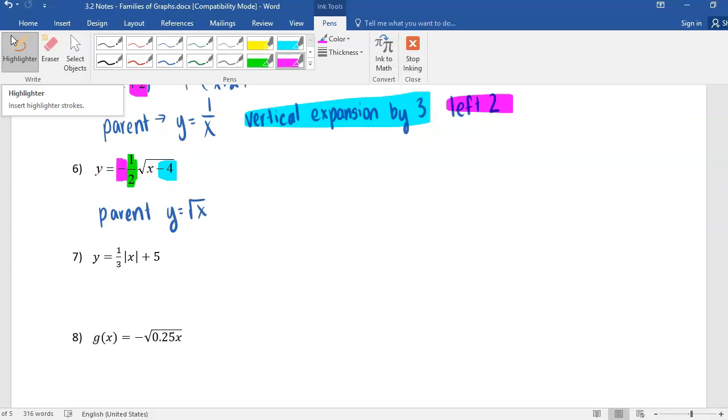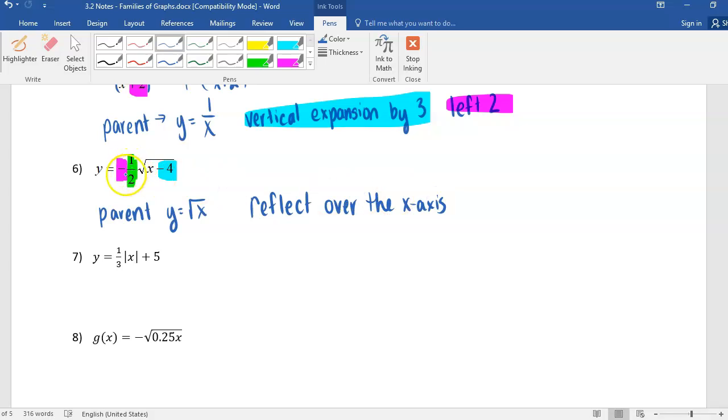And the negative, Andrew, what's the negative out front do to the graph? Good. So we're going to reflect over the x-axis. So anytime you have a negative number out there, don't think of that as negative 1/2. Think of it as a negative times a 1/2. So the negative and the 1/2 we treat separately. The negative part reflects it over the x-axis.